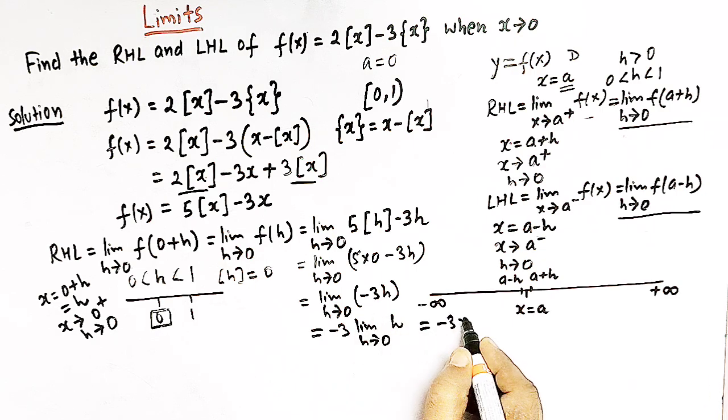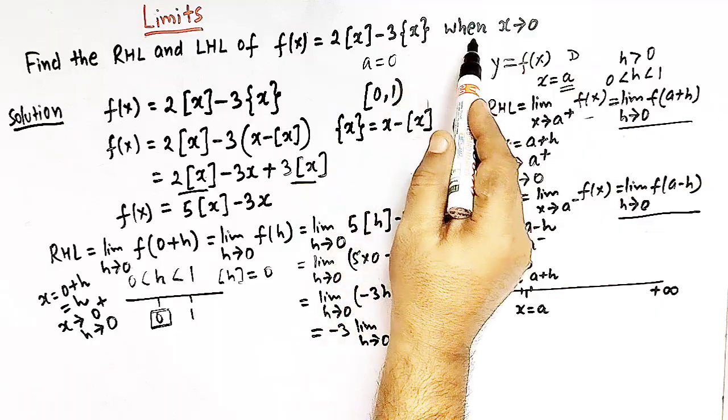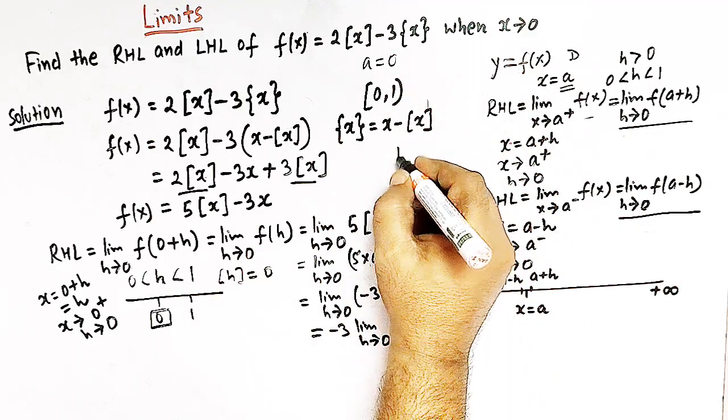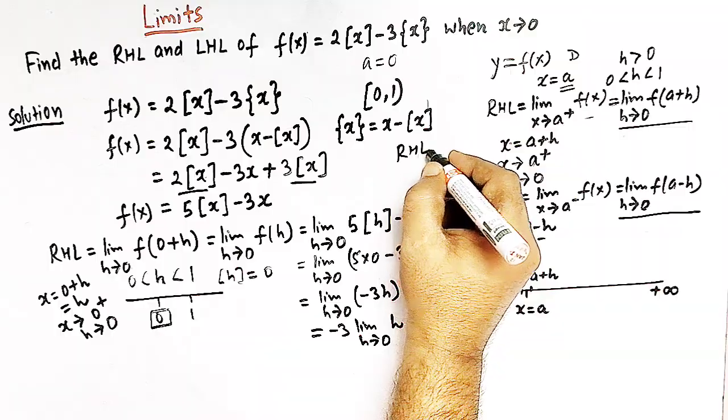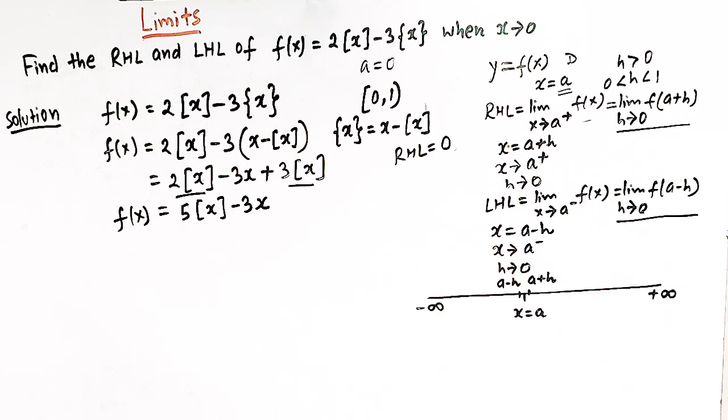So we have minus 3 times 0, that is equal to 0. So the right hand limit of this function when x approaches 0 is equal to 0.